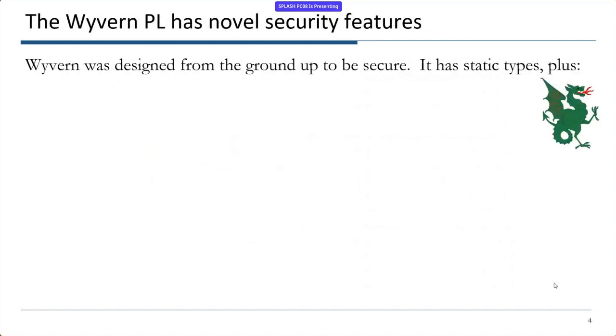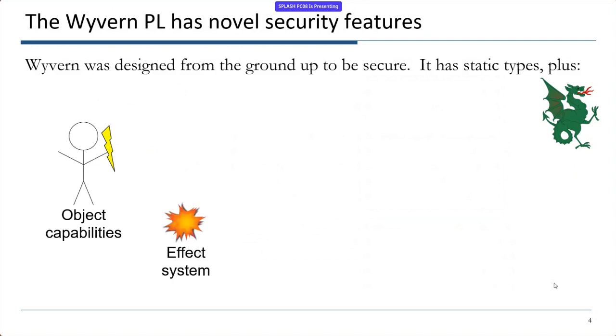The setting of this case study is the Wyvern language. It's a language that I developed along with Alex Potanin and a bunch of other people. It has a bunch of these features, designed from the ground up to be secure. Of course, it has types, but added to that, it has object capabilities, following up on some of the work from Mark Miller and E, but adapting it to a statically typed setting.